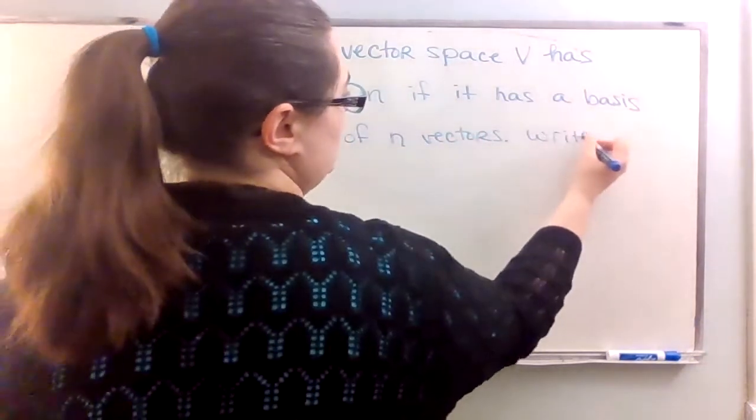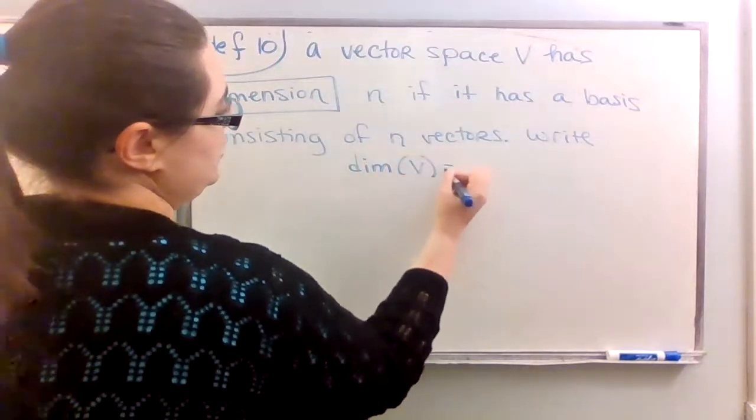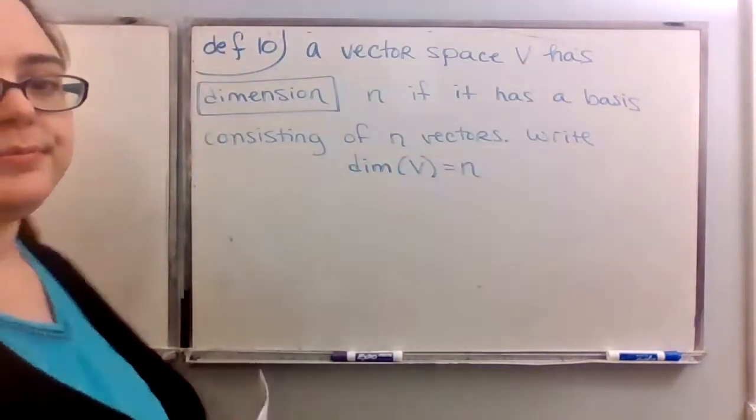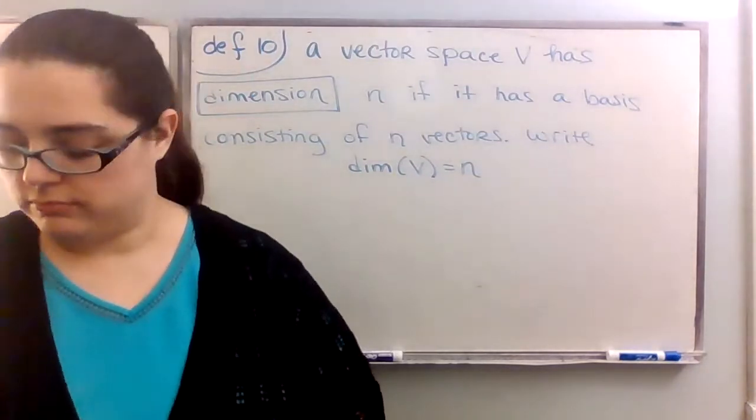And we would write dim of V equals n. So the dimension of our vector space will equal n.